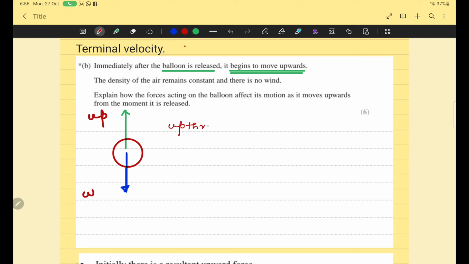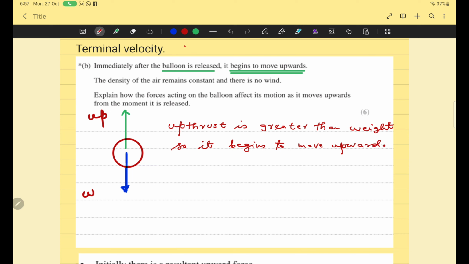I am writing the answer: upthrust is greater than weight, so it begins to move upward. As the balloon is released, obviously upthrust is greater. So upthrust is greater, weight is lesser, so it is moving upward.